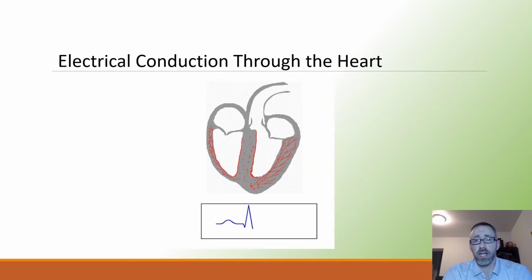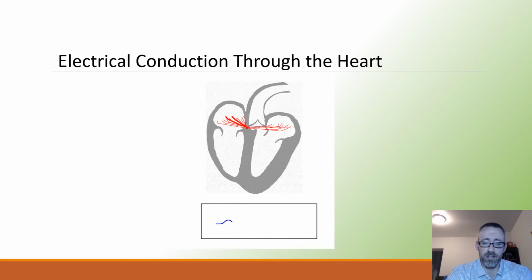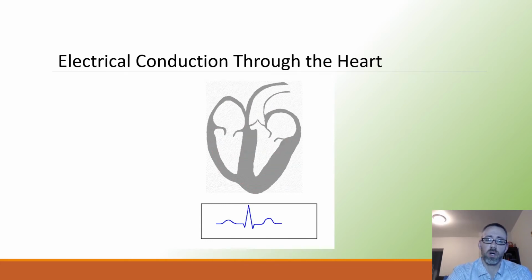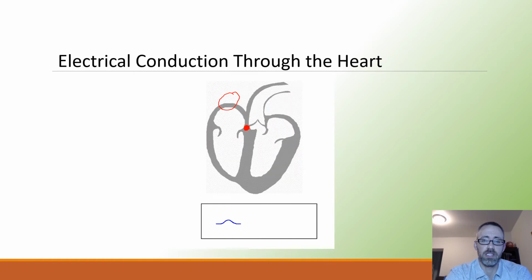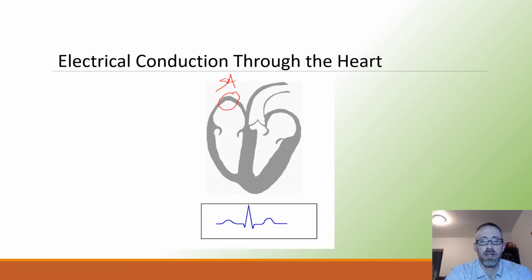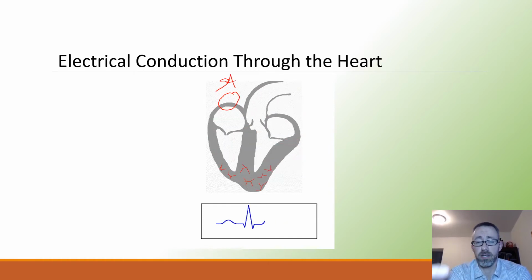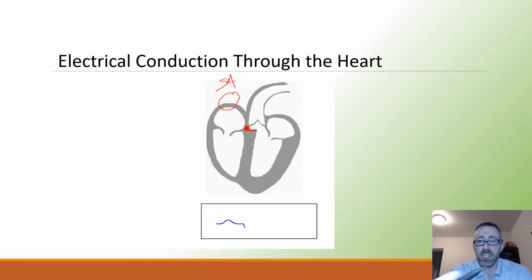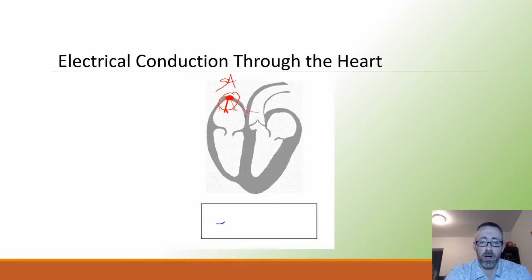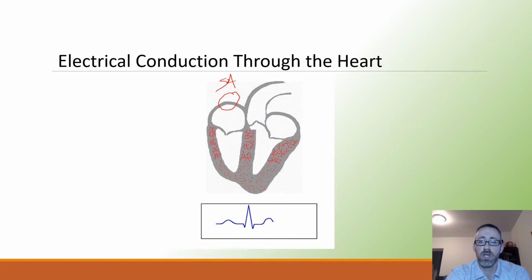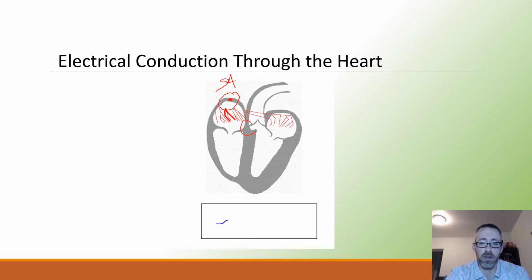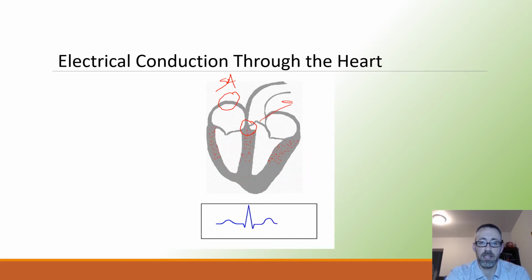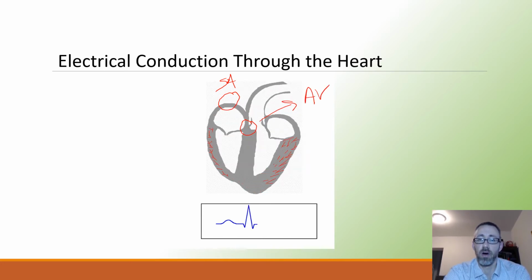Okay, so this cartoon I just got from Wikipedia, and what I like about it is it's showing some of the things we just talked about. Here's the SA node that's firing, so that's the pacemaker, and that's dictating the heart rate. When that fires, all the cardiac myocytes linked to it in the atria depolarize, and you can see that wave of depolarization. It goes to right here, and that is the AV node.